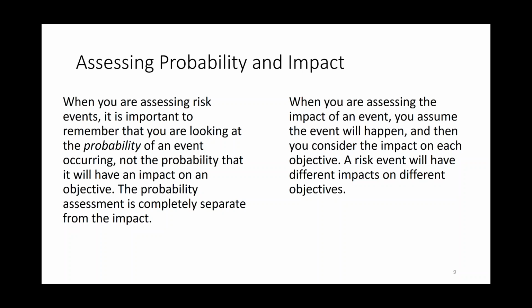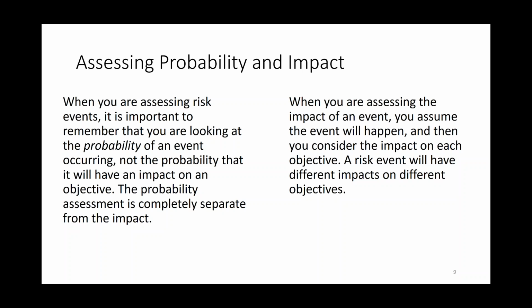And before we go into that, I need to hit two key points. When you're looking at probability, you're not saying what's the likelihood that this event will cause a cost overrun. That's not what you're saying. And you're not saying what's the likelihood that this event will cause a schedule overrun.